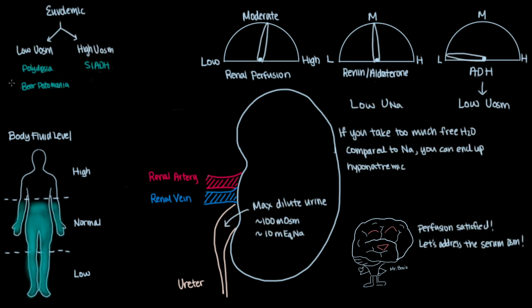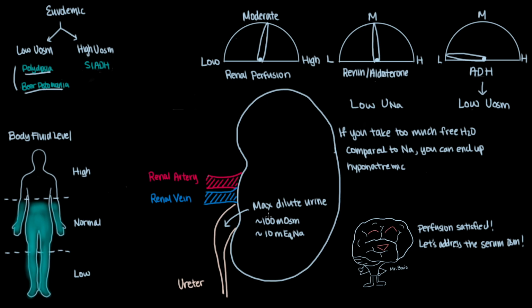The next group of concepts are good to understand psychogenic polydipsia and beer potomania or tea and toast diet. And those concepts are that the kidneys are great at regulating volume and sodium, but they have their limits, and you can overwhelm them if you take a ridiculously high amount of water compared to your sodium intake.